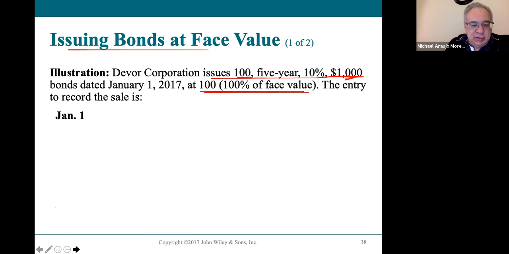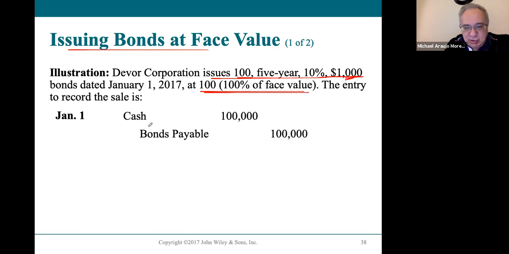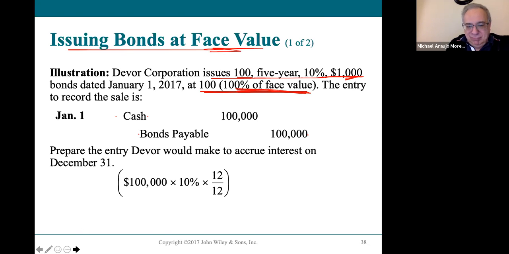So your journal entry is simply 100,000 of cash, and you have to set up 100,000 of bonds payable. The cash amount is going to be based on the price of the bond. So if you're selling a $1,000 bond for 1,000, and you have 100 of them, you get 100,000 in cash. That's how it works when they're sold at face value, which does happen, but not often.